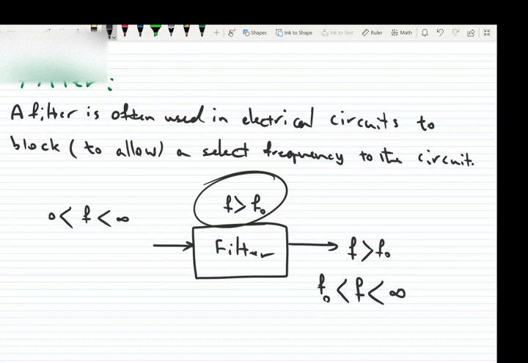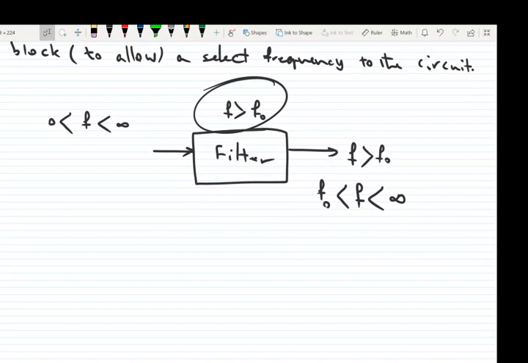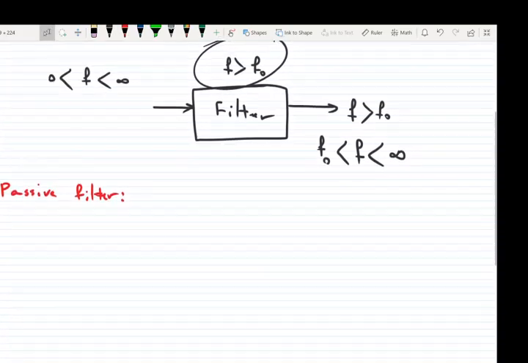We have two different types of filters: passive filter and active filter. What is a passive filter? In a passive filter, the circuit contains only resistor, capacitor, and inductor.